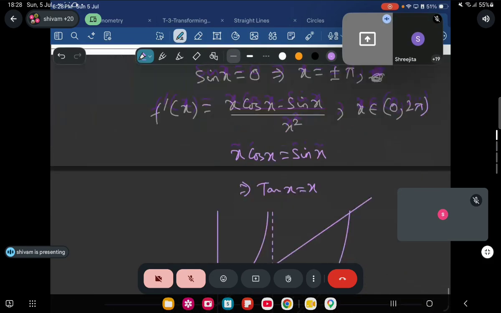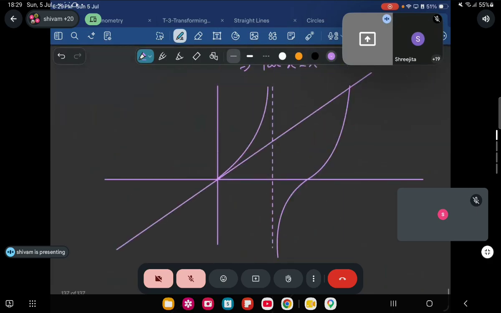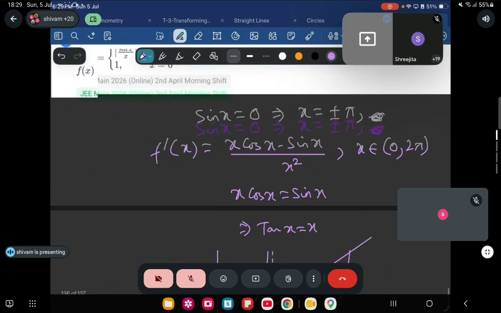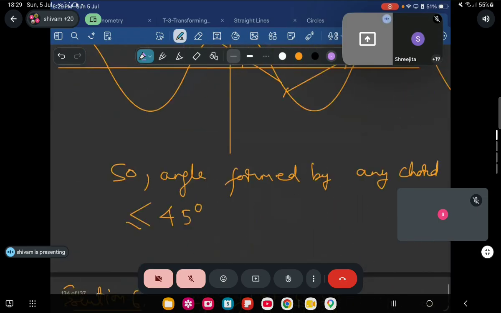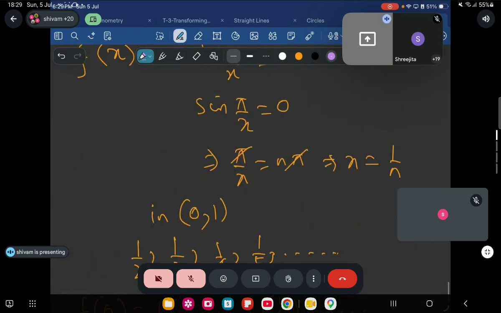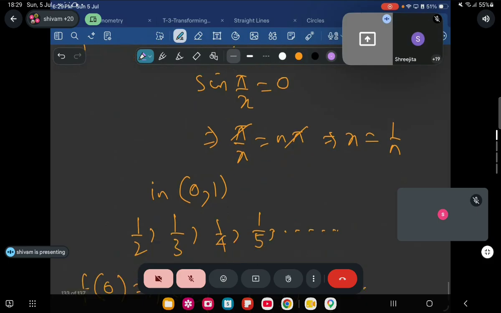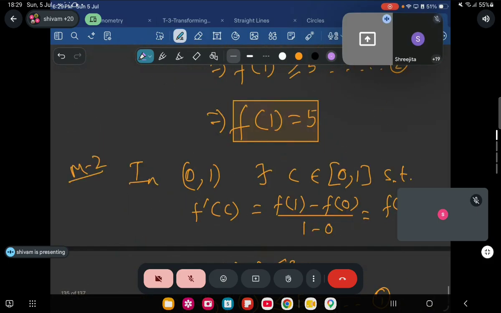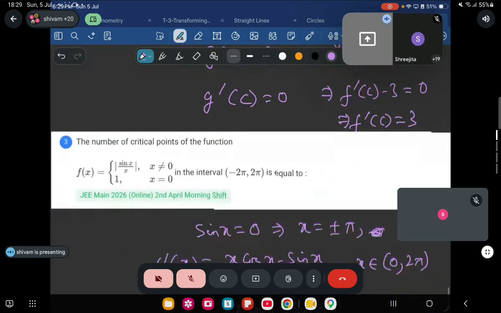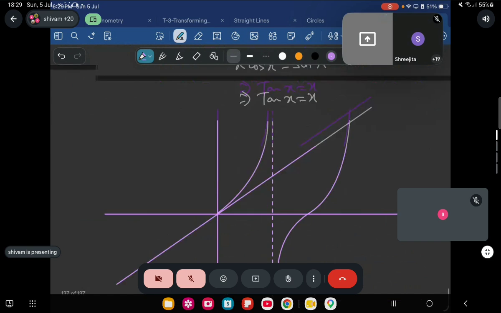One will get one critical point from 0, but that is not in this function. Wait, let me think. But in the second branch it is there, right? The second branch it is there. So x equal to 0 we should also take. Yes, sir, it should be taken. Understood? Tell me.